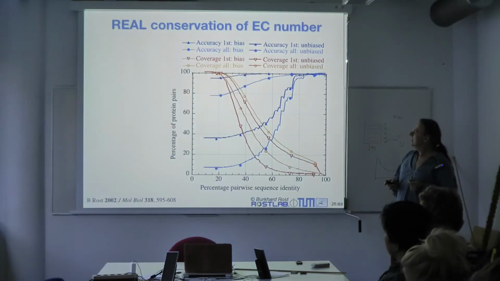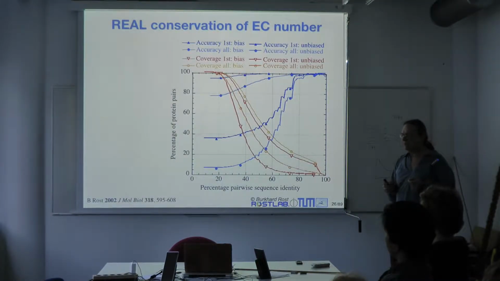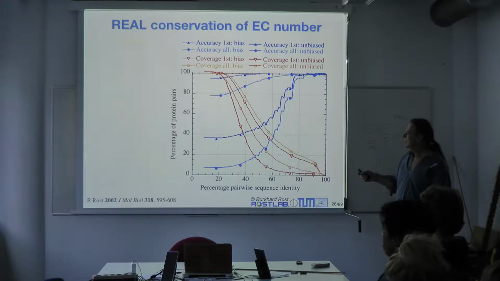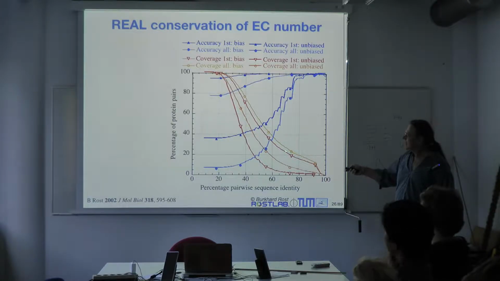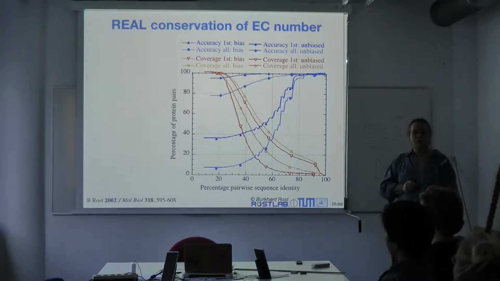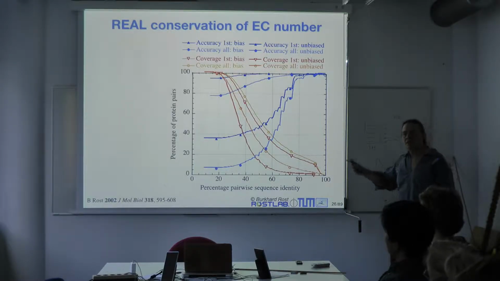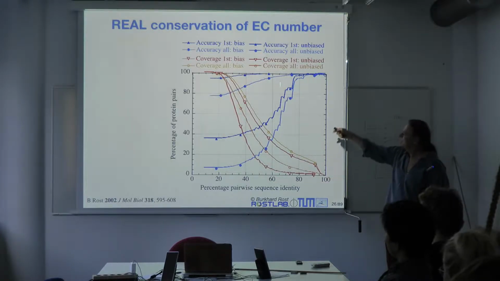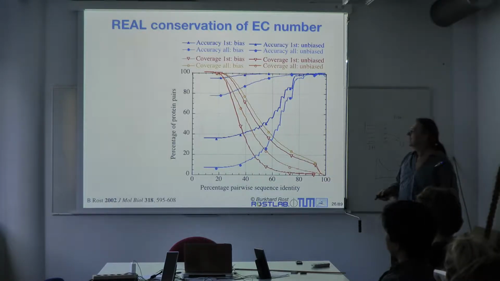Now this all comes underneath, and those are the real curves that were published. The green, the red and the orange are accuracy; the bluish shades are coverage. So at every threshold, say 60%, how many would I find?